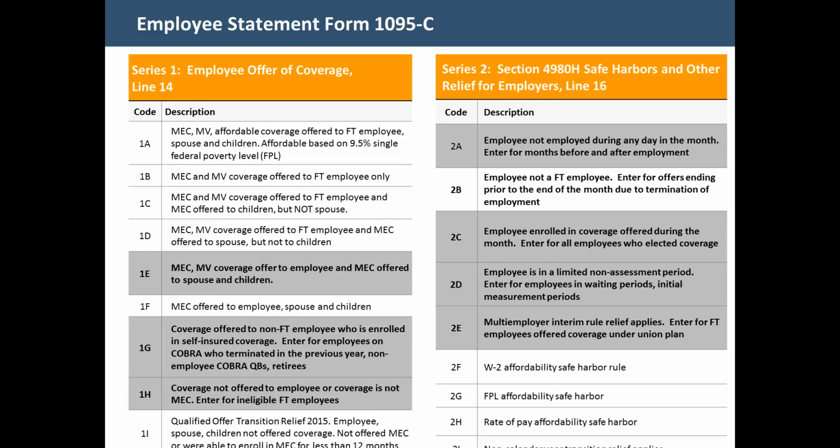All full-time employees need to be issued a statement. If that employee is covered under a multi-employer plan and the employer can certify that they made a contribution to that plan, then the employer has met their offer requirement and they would code that individual accordingly with code 2E.